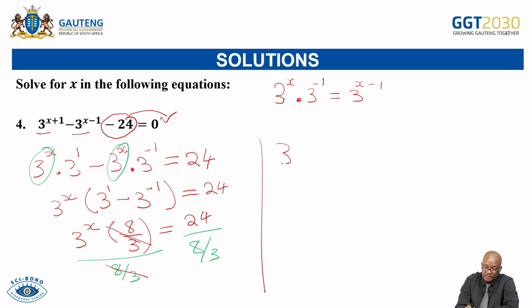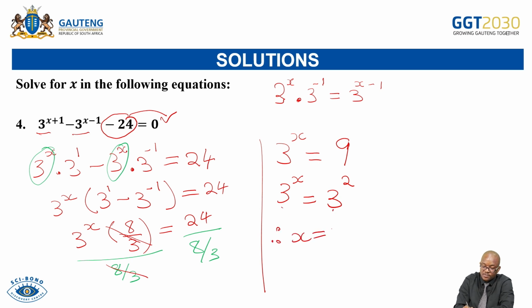Then we're going to have 3 to the exponent of x is equal to, if you say 24 divided by 8 over 3, you are going to get 9. Then we know that is going to be 3 to the exponent of x. It's equal to 3 to the exponent of 2. The bases are the same. Therefore, x is equal to 2.